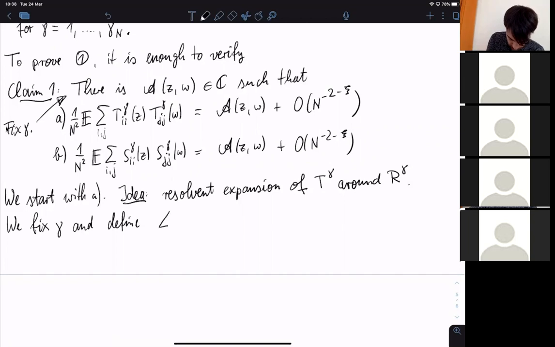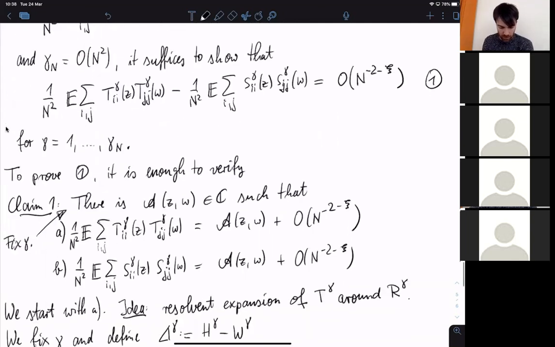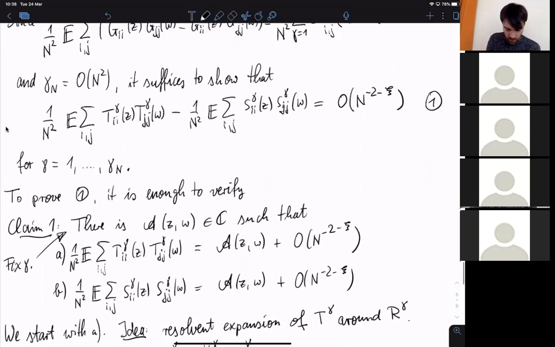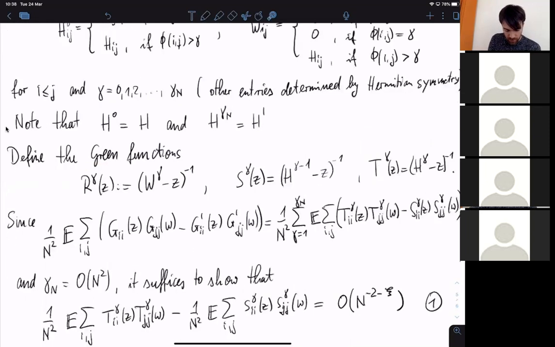Then we define a delta gamma, which is the difference between H gamma and W gamma. That's the important quantity here, because recall that the R gamma was defined via the matrix W gamma. That will be our basic object, and then we express T as a perturbation of R gamma via this delta.